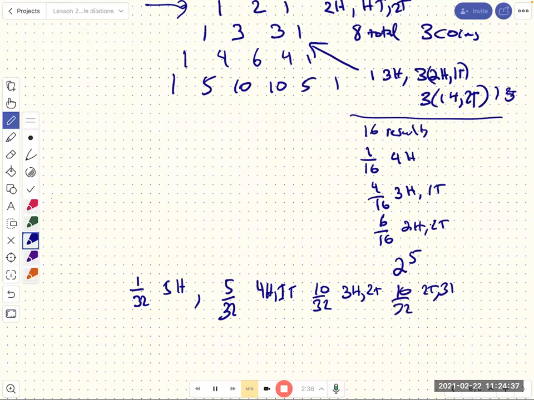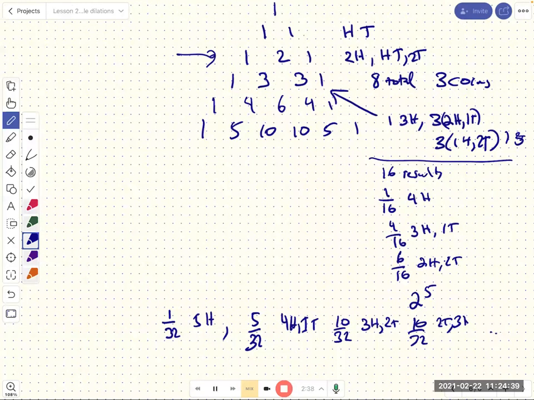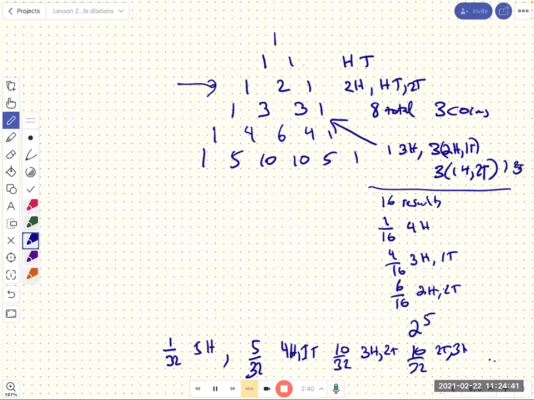So the question you had on your test was, what about the 6th row? So what does the 6th row tell you when you throw 6 coins? What happens? So 1, 6, 15, 20, 15, 6, 1. Okay.